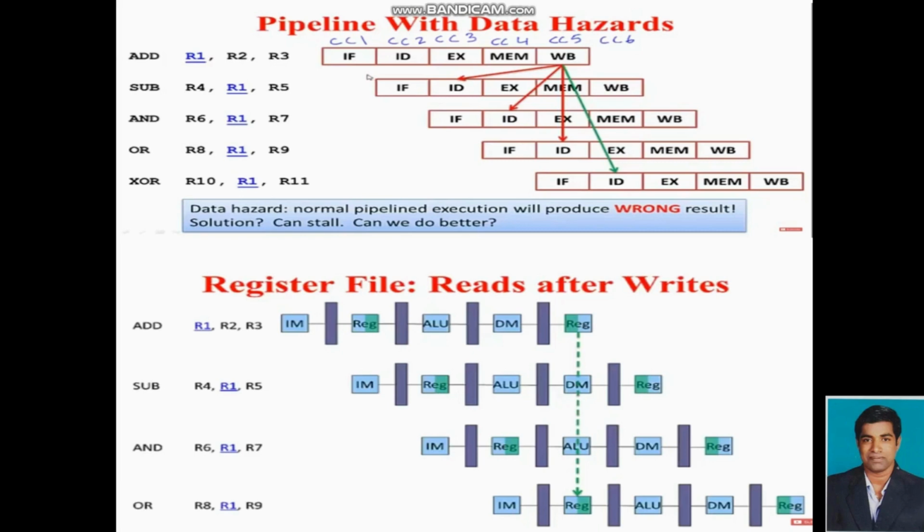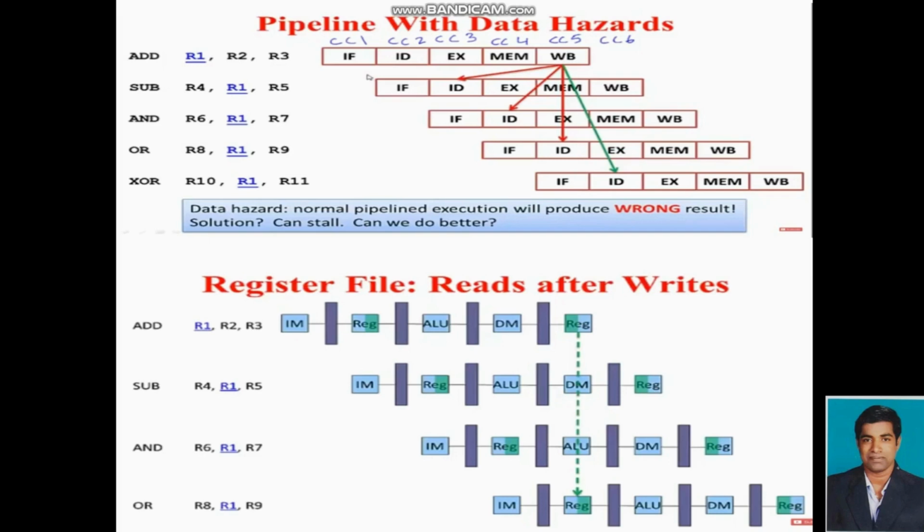Until then, the second, third and fourth instructions could be delayed and then performed after CC5, so that the data dependency hazard can be eliminated. Another way is the forwarding technique. These 2 techniques we will discuss in the forthcoming slides.